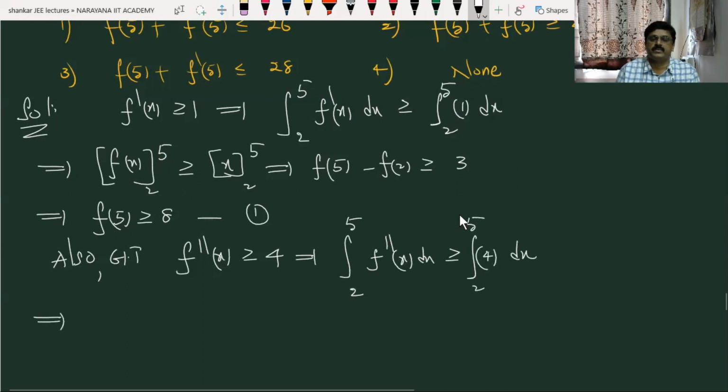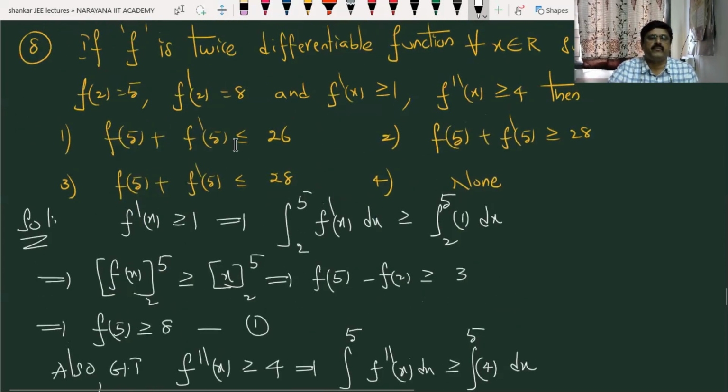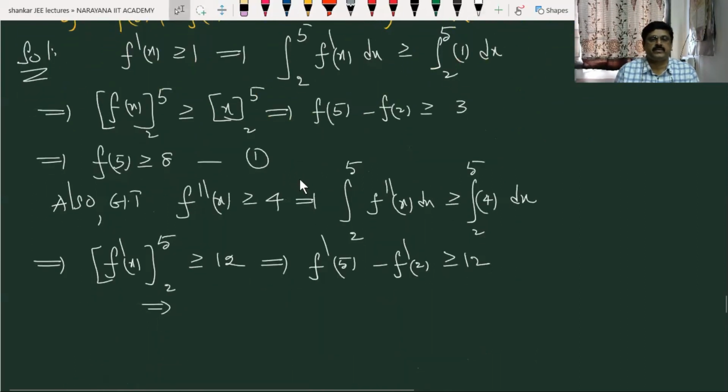Then it will be, students, just f dash x from 2 to 5 is greater than or equal to 12. Then you will be left with f dash 5 minus f dash 2 is greater than or equal to 12. In the data f dash 2 is given as 8, students. So f dash 5 is greater than or equal to 20.